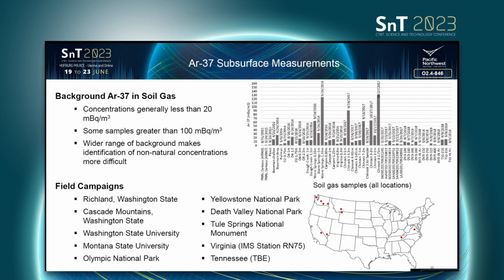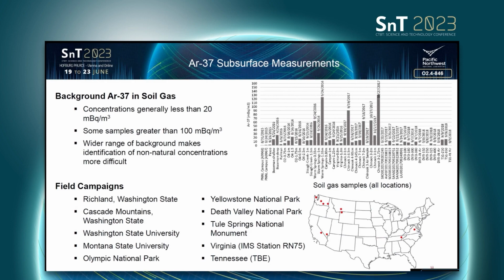What do we expect for backgrounds? We've made quite a few measurements around the United States. Little red dots are where they're shown, and they're listed in our field campaigns. The plot on the top shows that we've measured argon from the subsurface and the soil gas all the way up to about 120 millibecquerels per standard cubic meter, very much similar to what Roland has published.